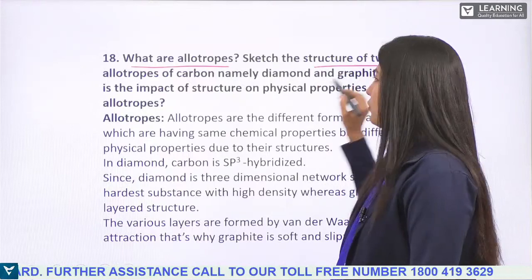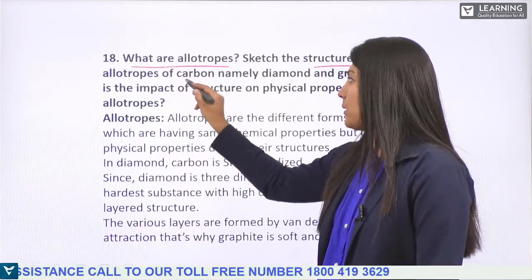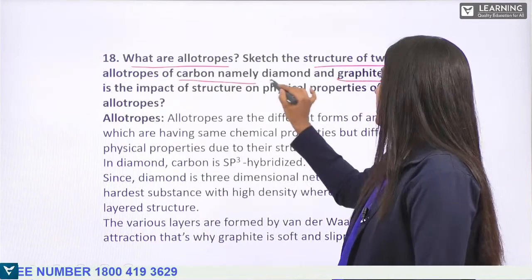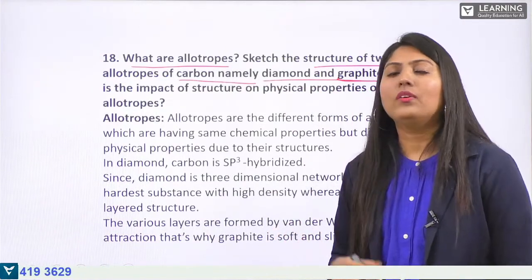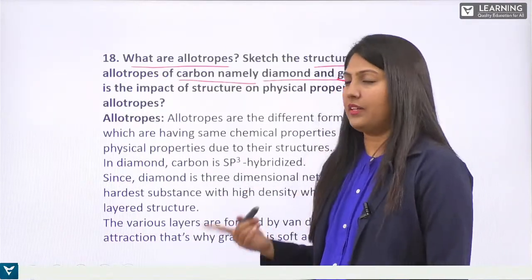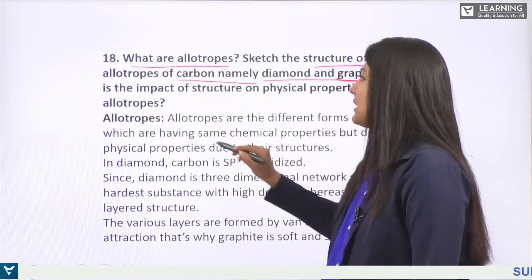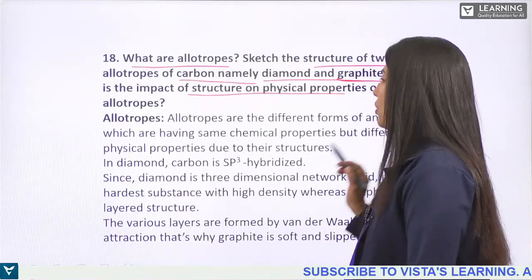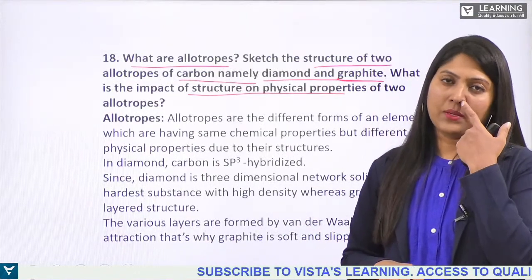So what are allotropes? Sketch the structure of two allotropes of carbon, namely diamond and graphite. We need to get the structure of diamond and graphite. And what is the impact of structure on physical properties of the two allotropes?